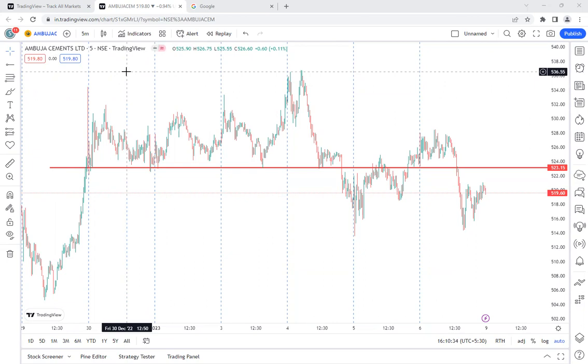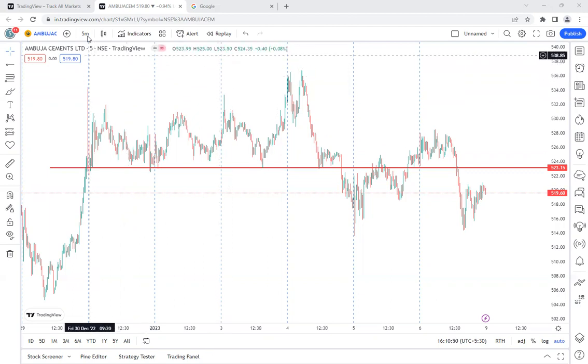I hope most of them will be somewhat similar, but not exactly, a similar kind of behavior where selling has happened. Okay, so let us try to analyze what has happened in Ambuja Cement today.